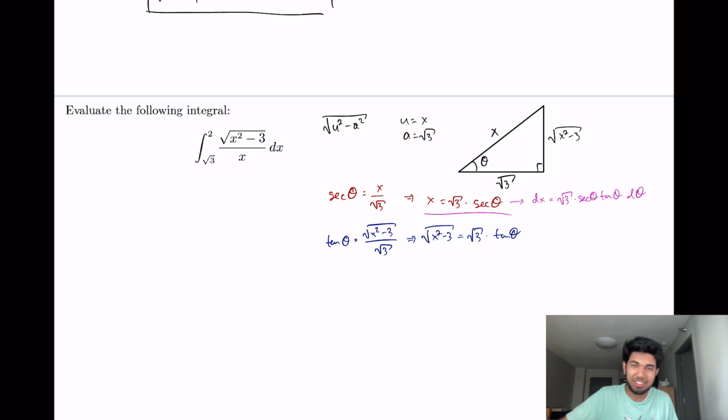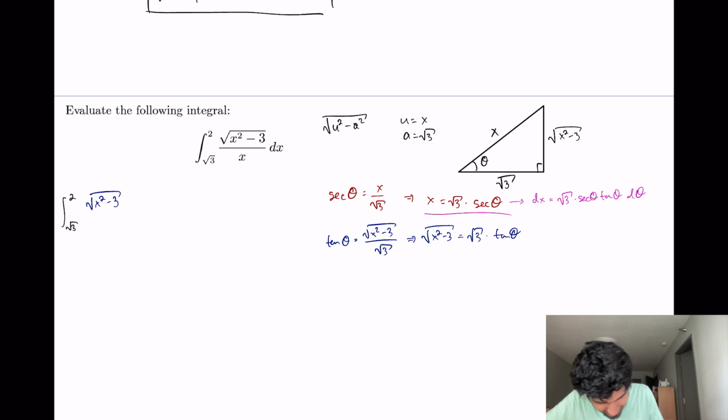Okay, so let's now solve this integral. And I'm going to use colors to indicate what's going on. So we have the integral from square root of 3 to 2, and the numerator is the square root of x squared minus 3. We're dividing that by x and multiplying that with dx. So we have our colors, we're ready for substitution. This is equal to the integral.